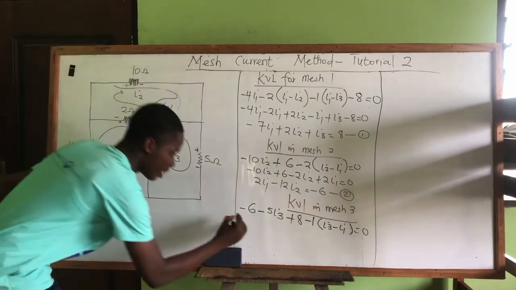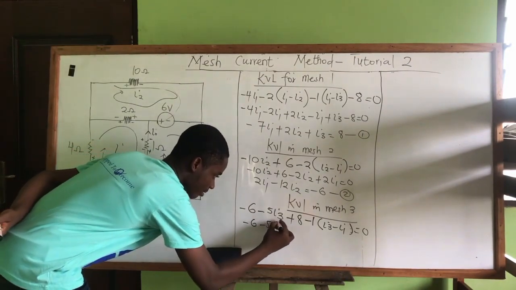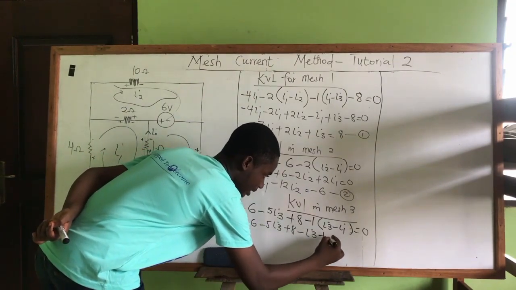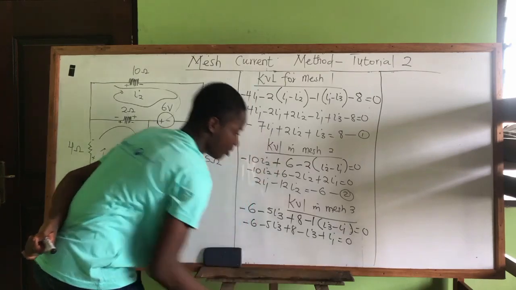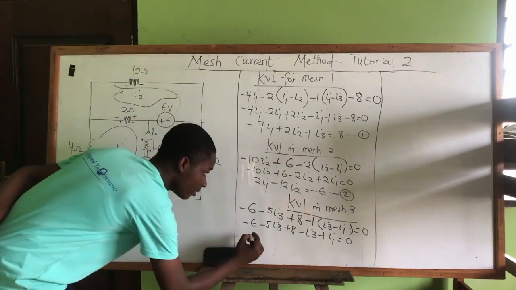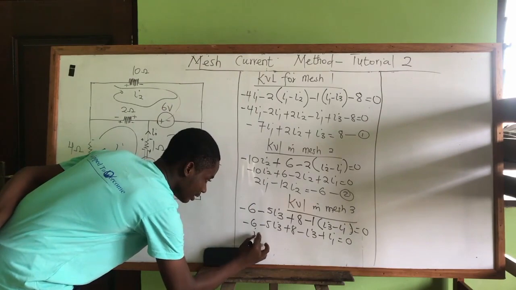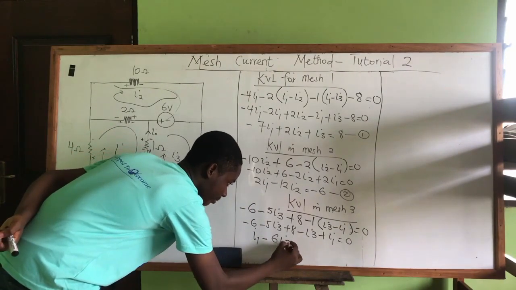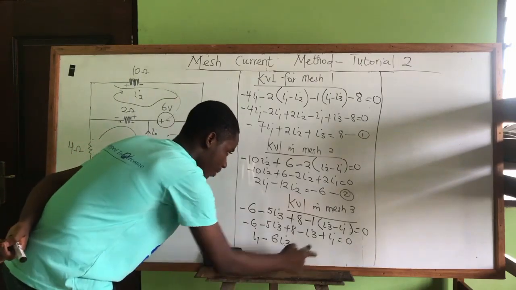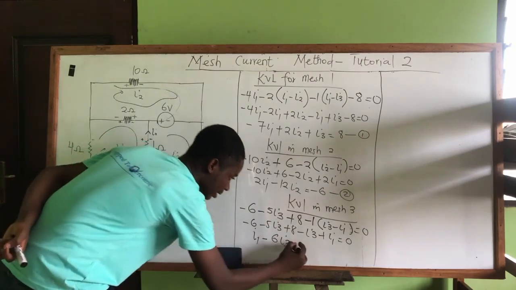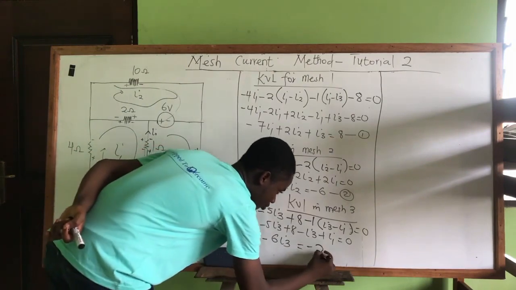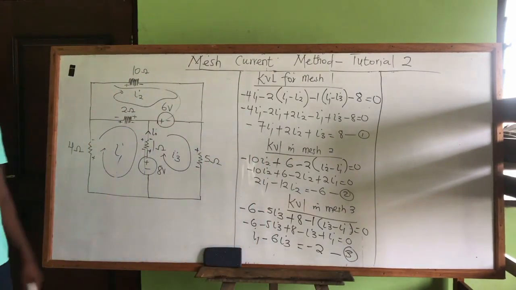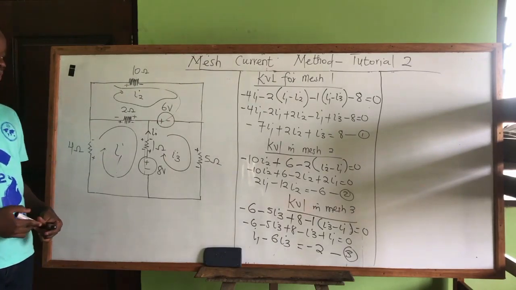So let's simplify. We have minus 6, minus 5 I3 plus 8 minus I3 plus I1 is equal to 0. So from here we have I1 minus 6 I3 is equal to minus 2 as our third equation, our third KVL equation.